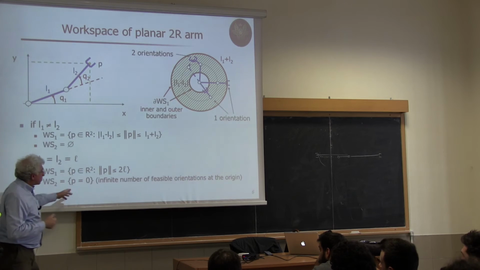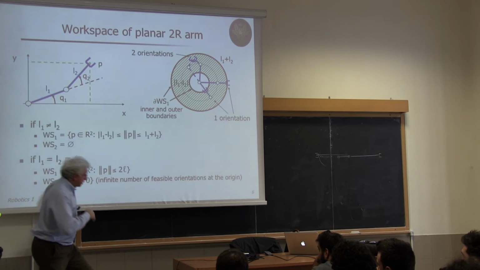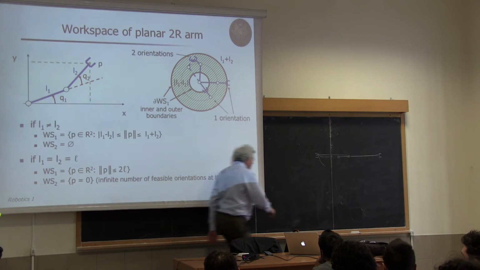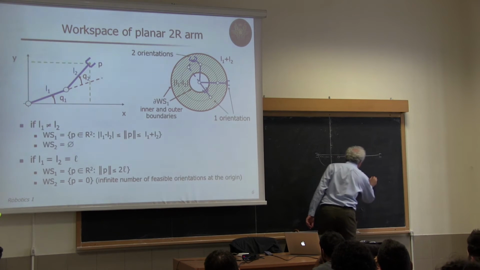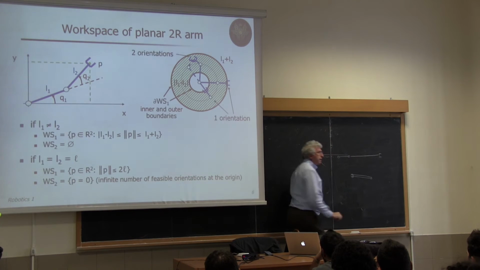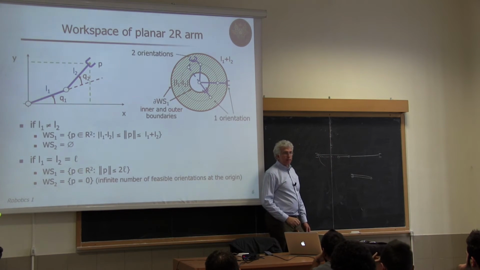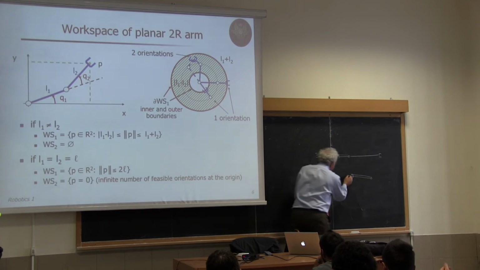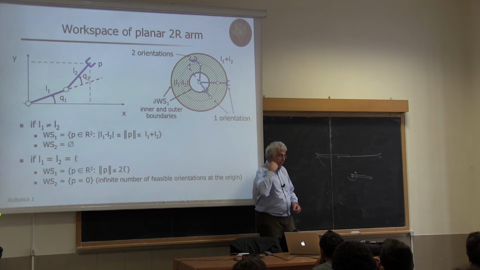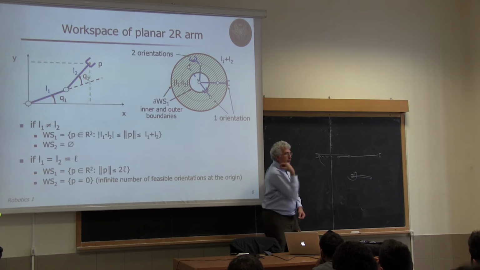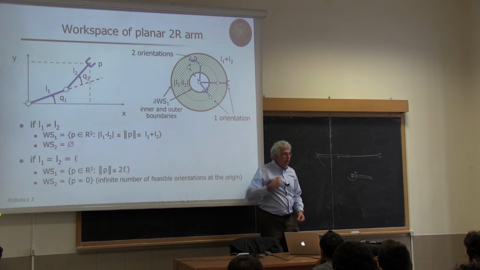Why? Because when I'm folded like this, let's do a drawing, when the two link lengths are of equal length, I'm folding like this, and now when I rotate the first joint and leave at 180 degrees the second, I'm realizing for the end effector any orientation.